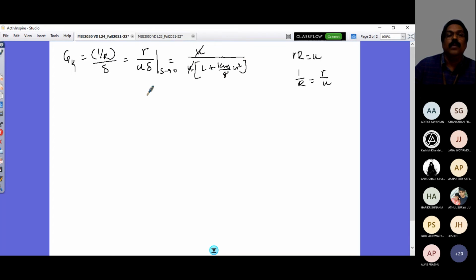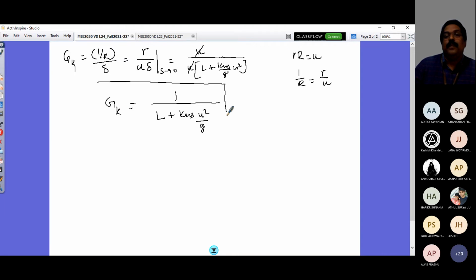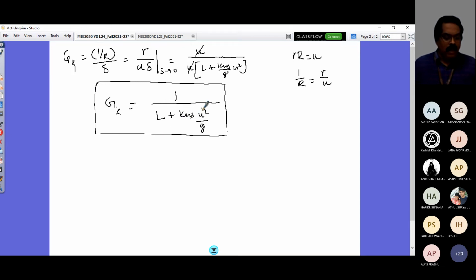So this u goes off, and I will have the curvature gain given by 1 by L plus KUS U squared by g. This is my curvature gain formula. So curvature gain again is a function of wheelbase, understeer coefficient and forward speed.